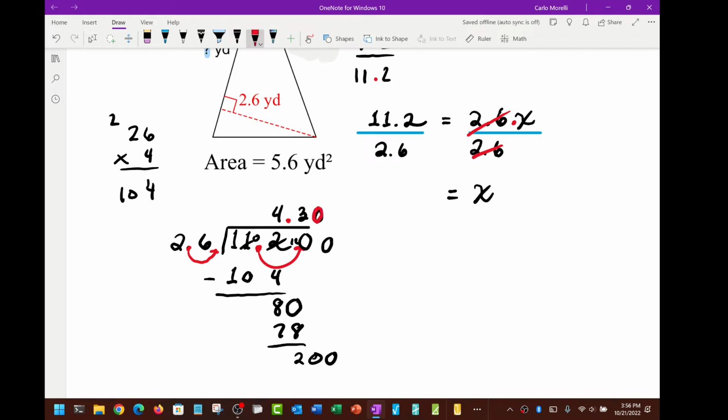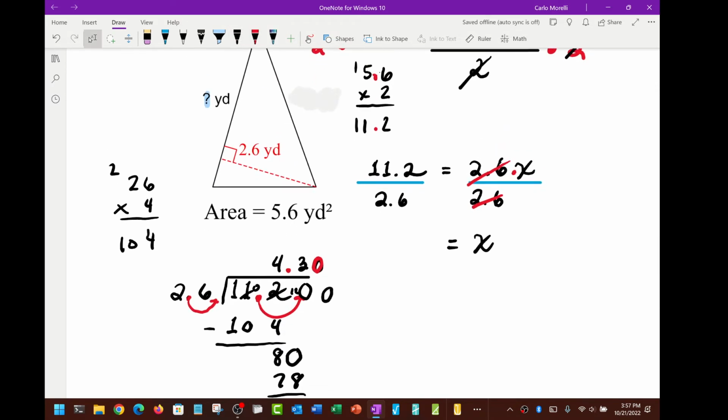Because it's a number that is less than 5. Okay. That means I'm not going to round up the 3. All right. So I can just stop. I don't have to actually do that. Just write 4.3. Okay. So we can just say 4.3 yards.